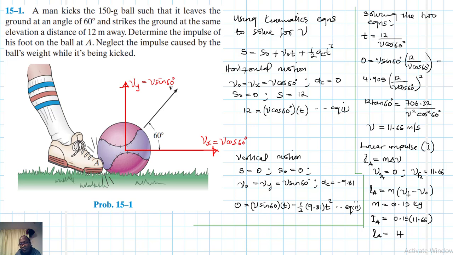Therefore, it becomes 1.75. What are the units? This is force times time, so we can say Newton second, or it can also be kg meters per second. I think this is about it. We've calculated the impulse at A.